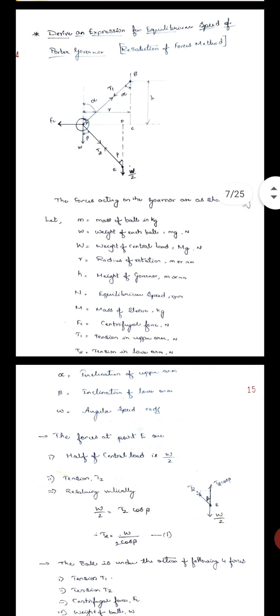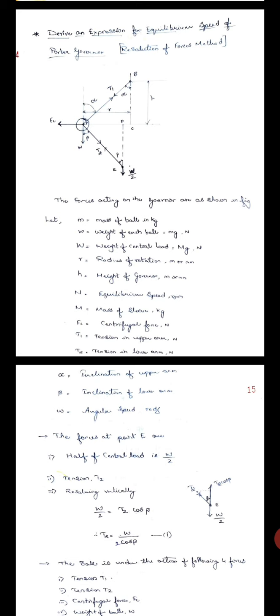Now the forces at point E, as you can see, are, first, half the central load, W by 2, because the other half is taken by the other ball. Second, tension T2.